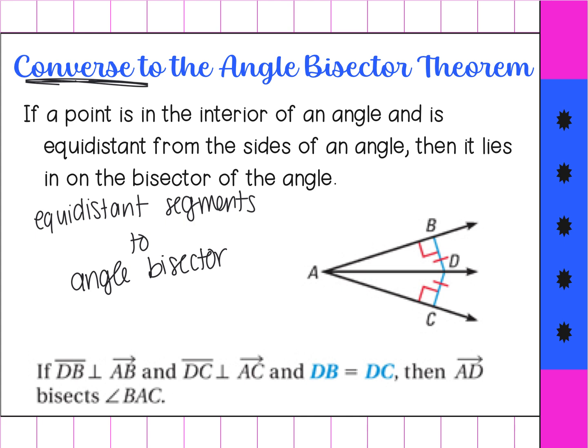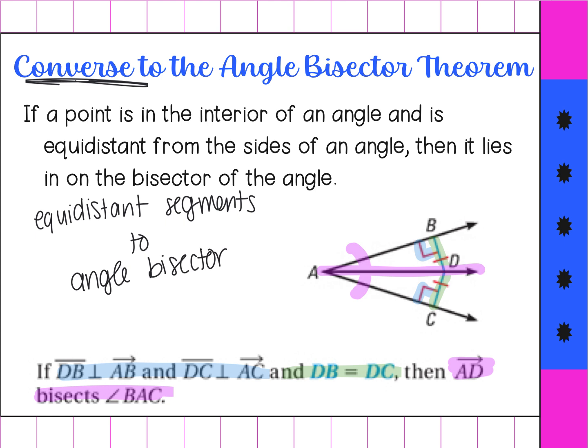Highlighting again, if I am given those perpendicular symbols, and they're telling me that my lines are congruent, then I know that this ray bisects my angle. So I'm doing the opposite. Instead of going from my angle bisector to equal distance segments, I'm going from equal distance segments to angle bisector. You have to remember which one's converse, which one is not converse.